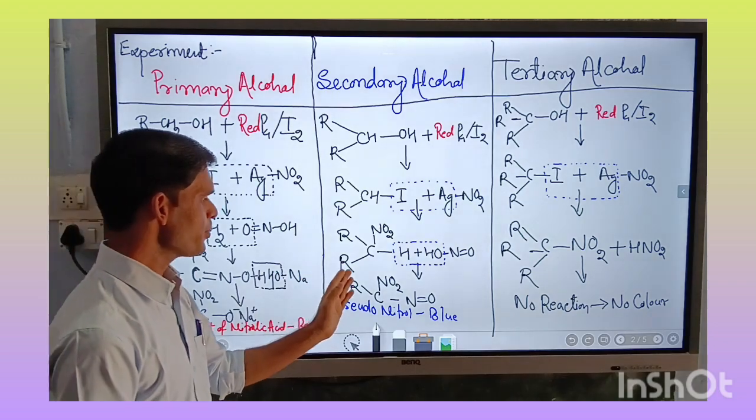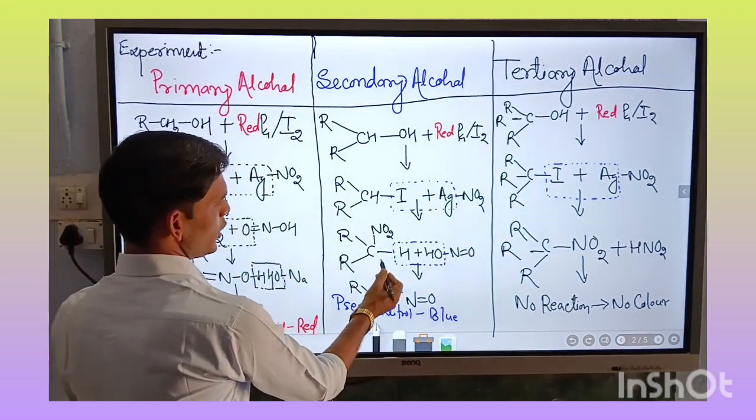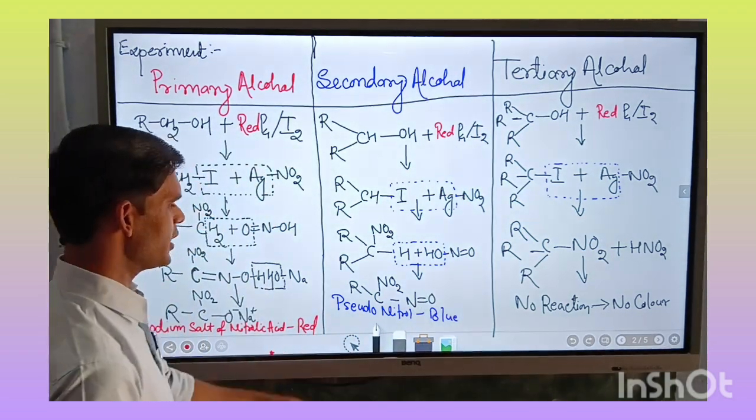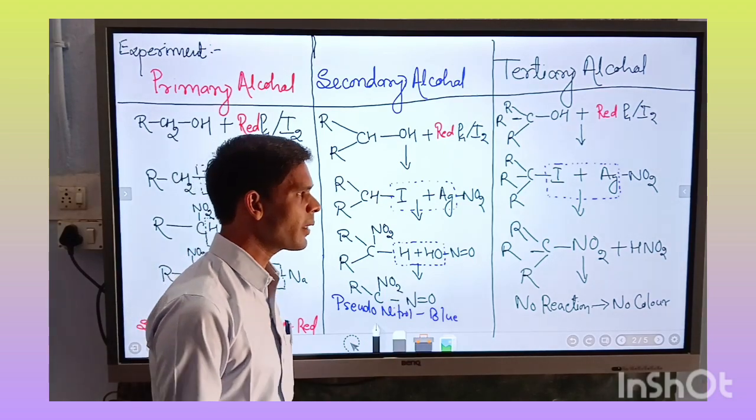In the same way, nitroalkane reacts with nitrous acid and gives pseudonitrole, and this pseudonitrole is blue in color.